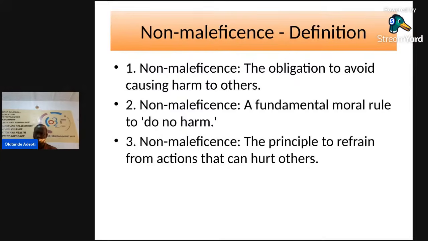As a biologist, as a microbiologist, you must remember that golden rule. It is a fundamental moral rule that says do no harm to anybody. If you are going to collect samples, you should be able to gather them in that community.